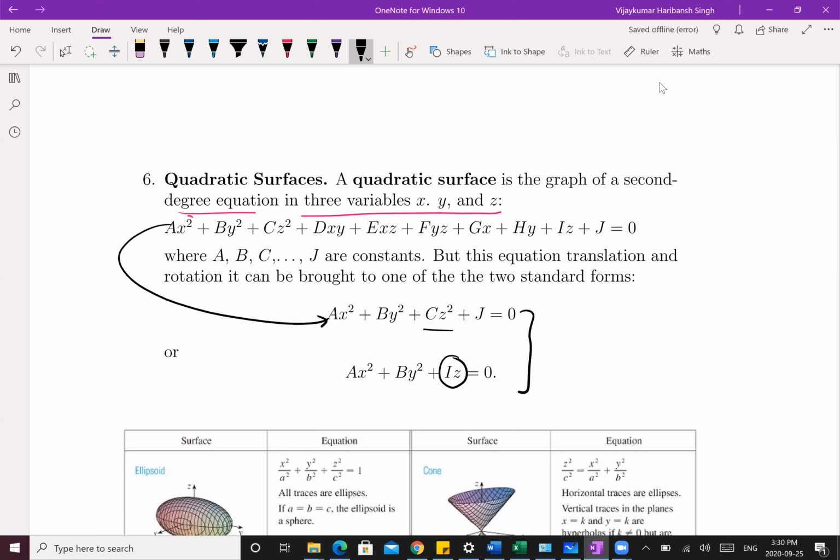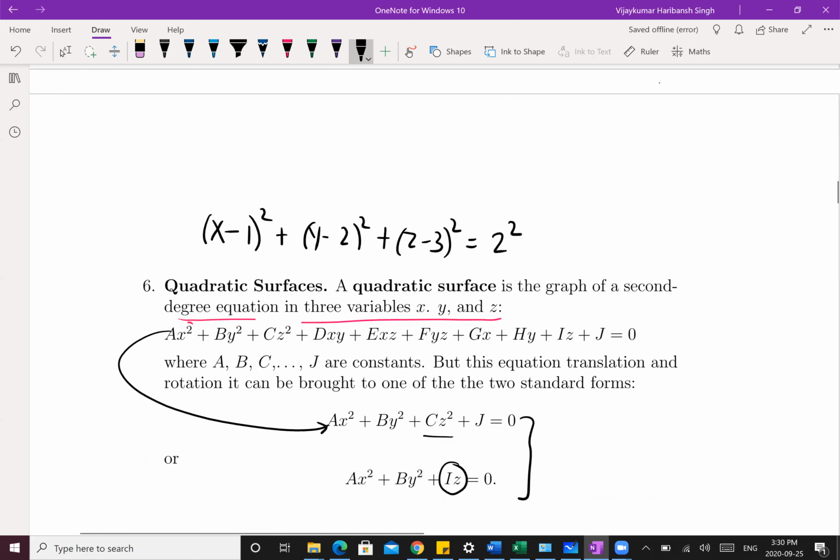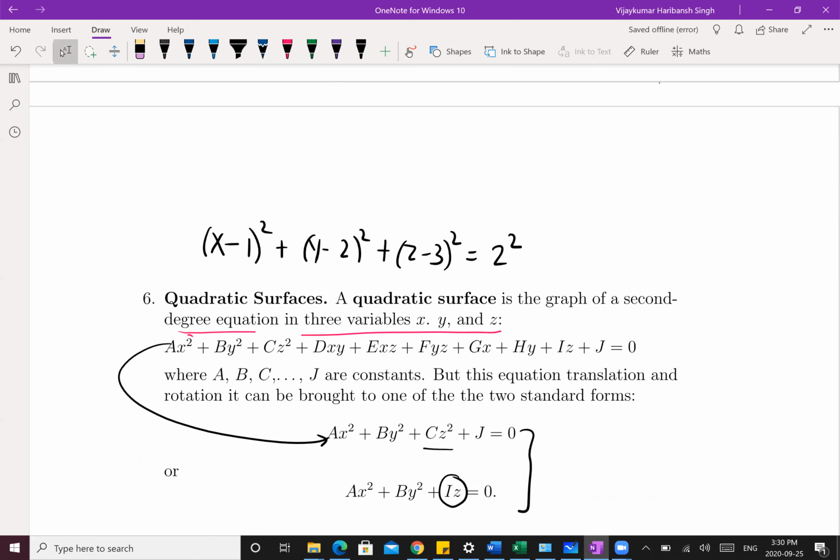Now note, for example, if you had (x minus 1) squared plus (y minus 2) squared plus (z minus 3) squared equals 2 squared, this is also a quadratic surface, and you know that it gives a sphere of radius 2. What is happening in this case is a transformation: put x minus 1 as capital X, so we are replacing it by capital X squared.